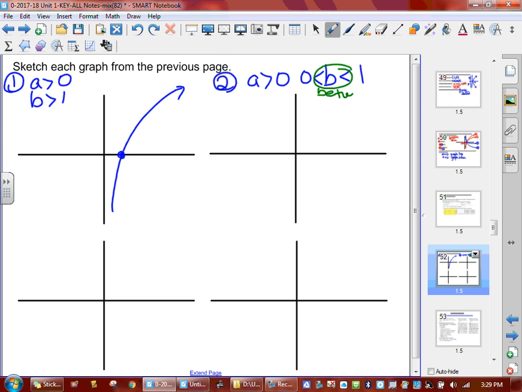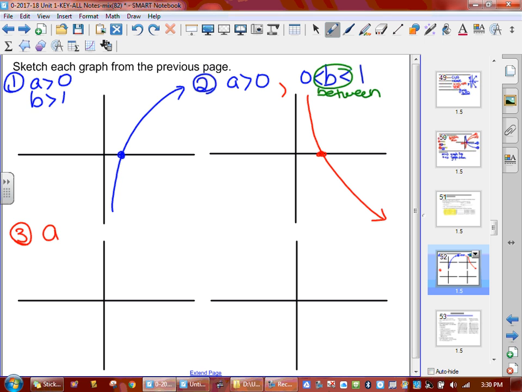Then it goes down, it decreases. If we look at situation 3, now we've got negative a values. So a is less than 0, which means it's got to be negative. So if a is negative and then b is greater than 1, we noticed it was exactly the opposite of the one above it. It's going to go down. Okay, that guy is going to decrease.